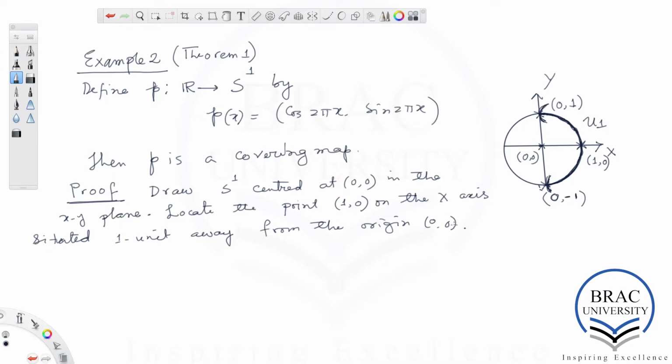Now observe that this point (1, 0) on the unit circle corresponds to x equal to 0 for this map.